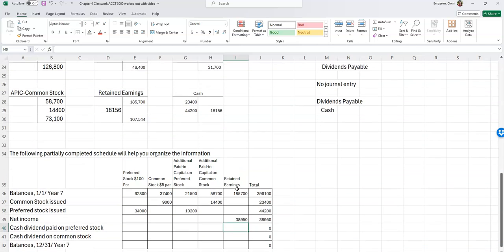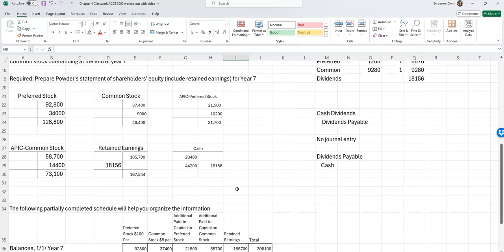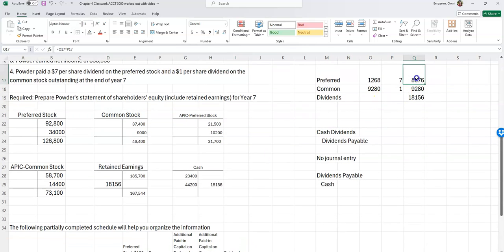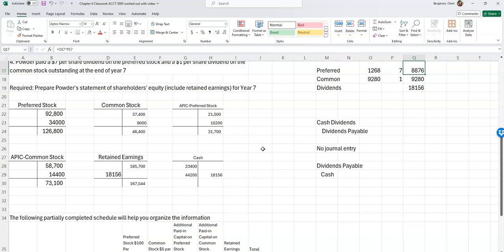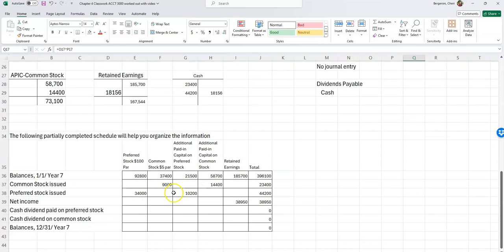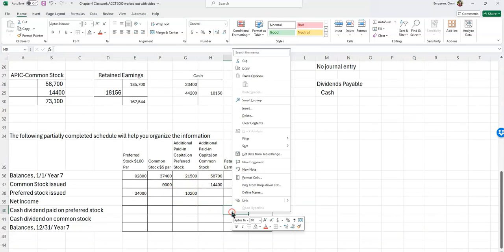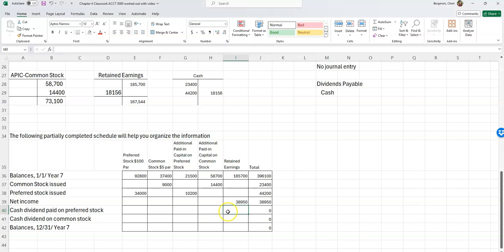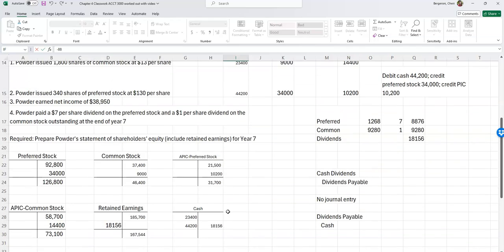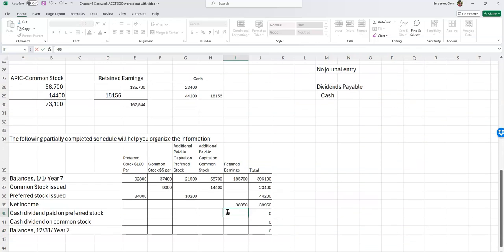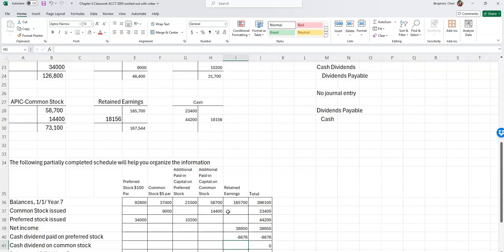And then I took out some money of retained earnings by paying those dividends. So for preferred stock, I paid $88.76, minus $88.76, and common stock was $92.80.